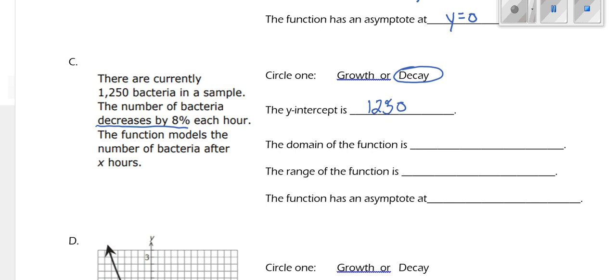Okay, and actually I think in this situation, we're still going to have an asymptote at 0, so y equals 0. And the domain of the function is going to be all real numbers.